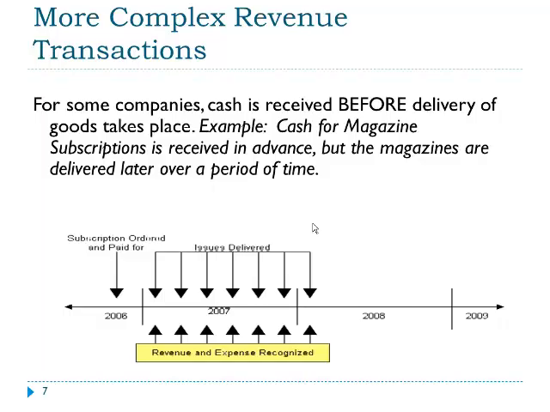So we may get an order for providing a number of products in the future as a subscription. Here we're going to be recognizing revenue each time an issue of the magazine is provided. We recognize a little bit of the revenue and we recognize the amount of the expense that's been incurred for that particular issue.